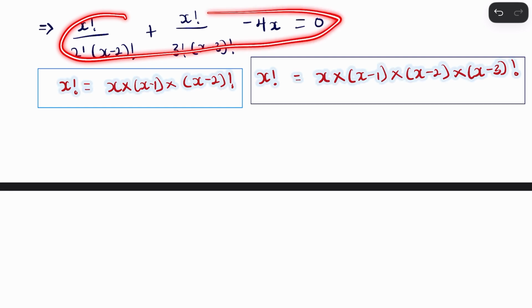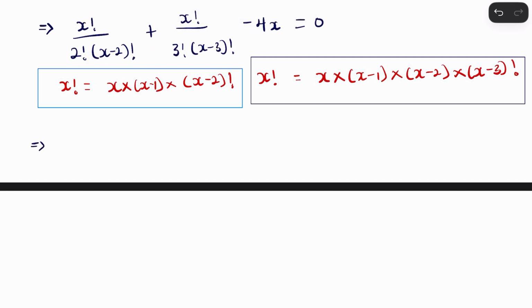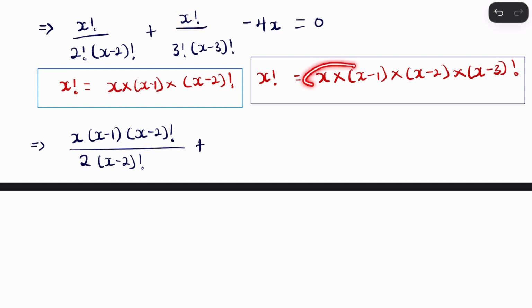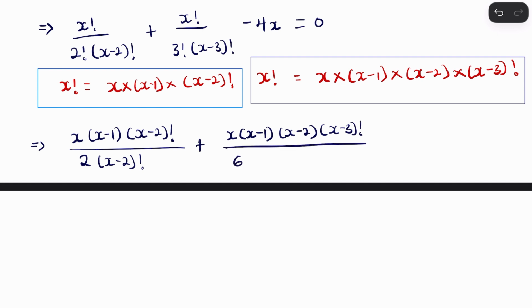So this expression is now going to become x times x minus 1 times x minus 2 factorial divided by 2 factorial, which is 2, then x minus 2 factorial, plus x times x minus 1, x minus 2, x minus 3 factorial divided by 3 factorial, which is 6, then x minus 3 factorial, right?